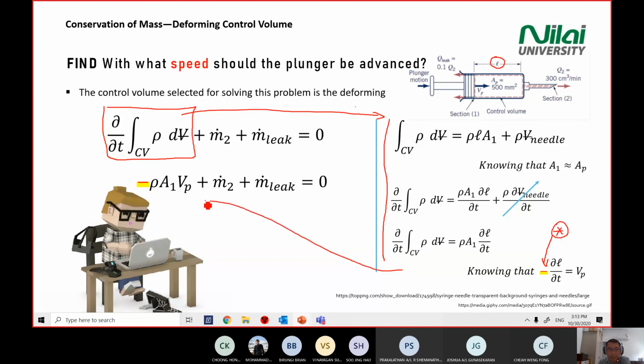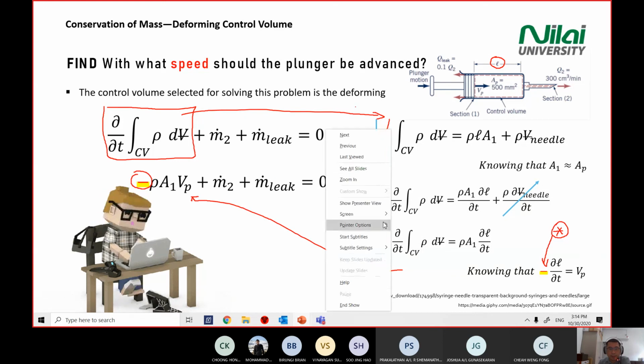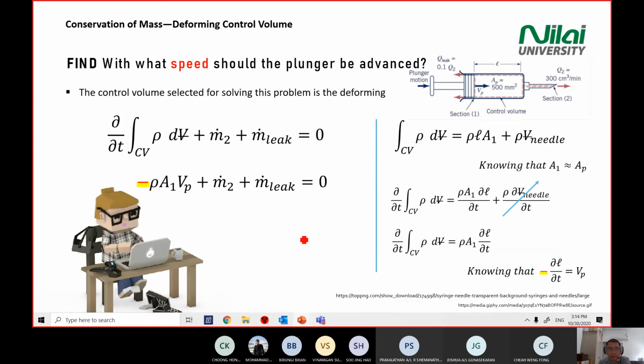Then we substitute back here. So again, in this case, with a negative sign in front: negative rho A1 Vp plus m dot 2 plus m dot leak.